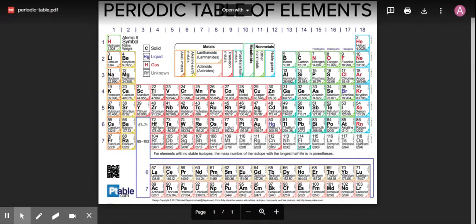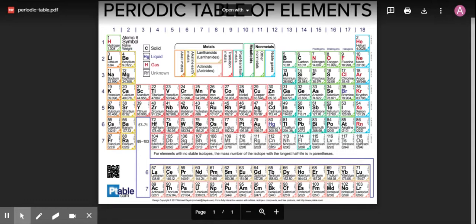Now, what are these numbers up here at the top? 1, 2, 3, 4, 5, 6, 7, 8, 9, 10, 11, 12, 13, 14, 15, 16, 17, 18. Those are groups or the families. Groups or families are the columns, going up and down.